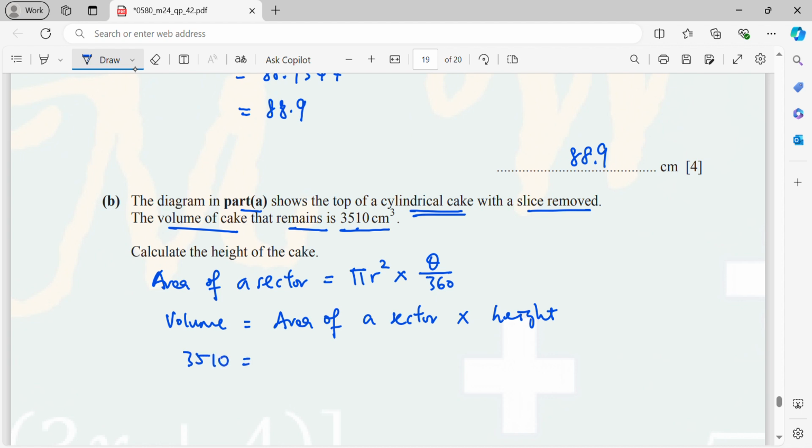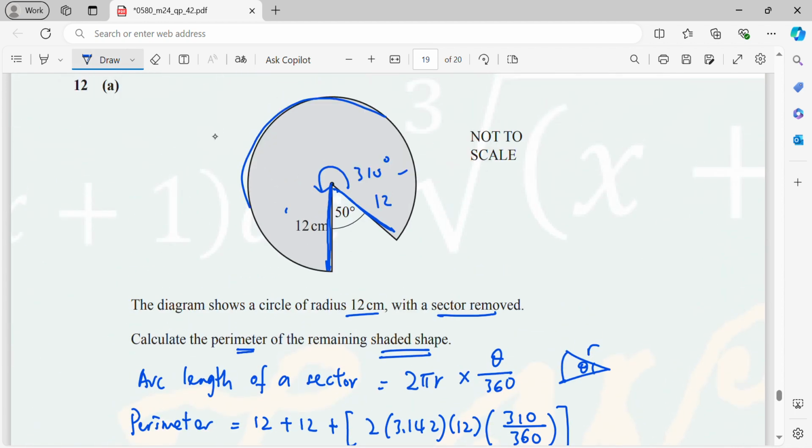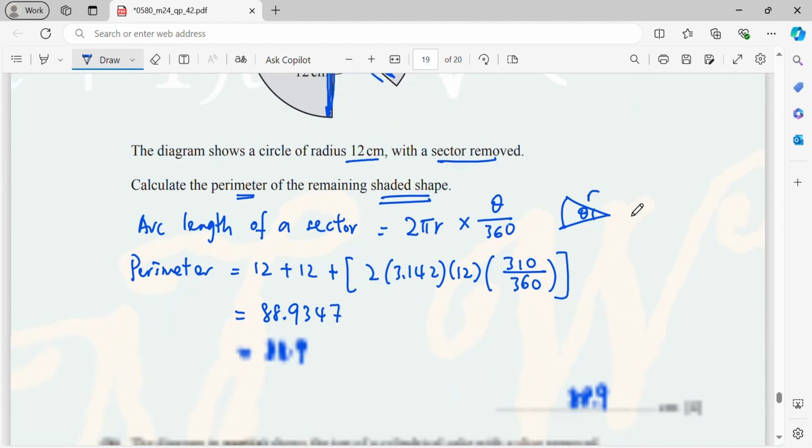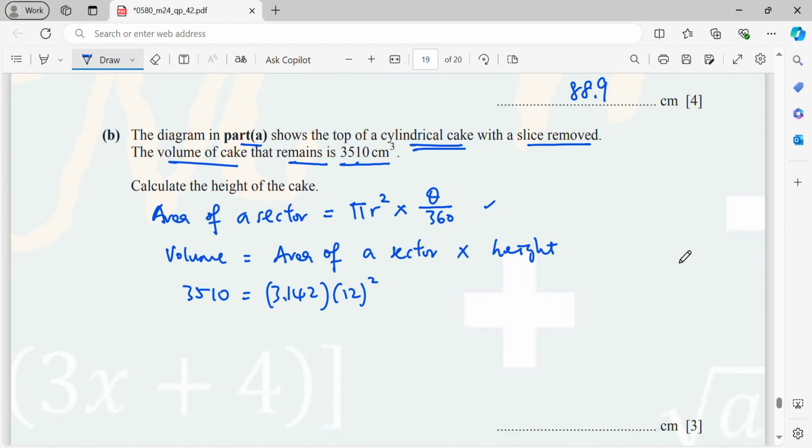So the area of the sector, use this formula. Pi is 3.142. The r is 12 squared, because when you refer to this same sector, the r is 12. So this means here r squared is 12 squared. The theta is still 310. Then over 360 times height.